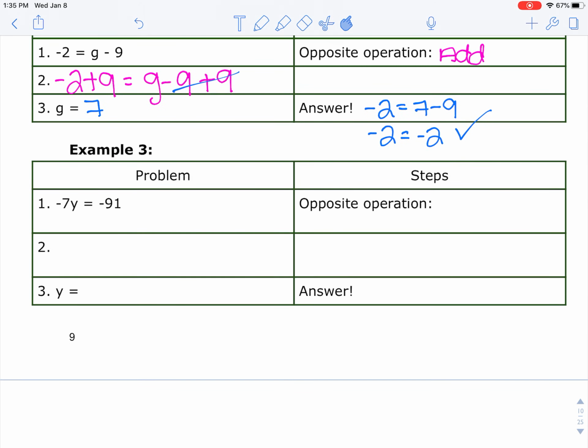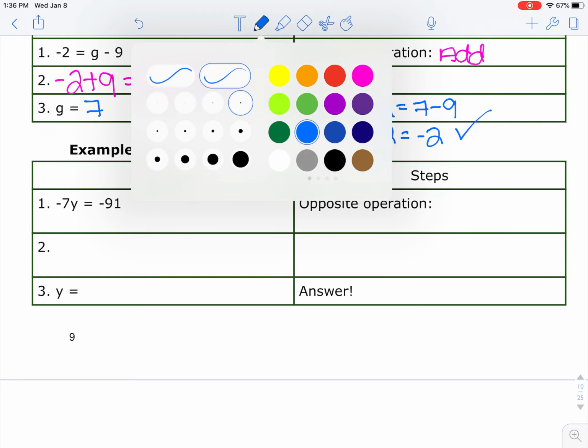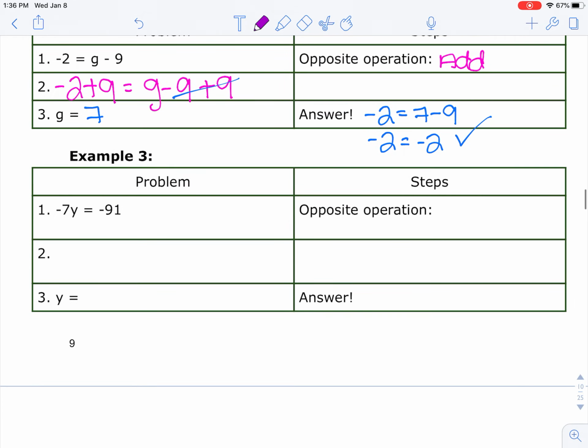Anytime you see your number and your letter side by side, nothing is in between them, that is multiplication. So the opposite of multiplication would be division. And you're always going to divide by the number in front of your letter.